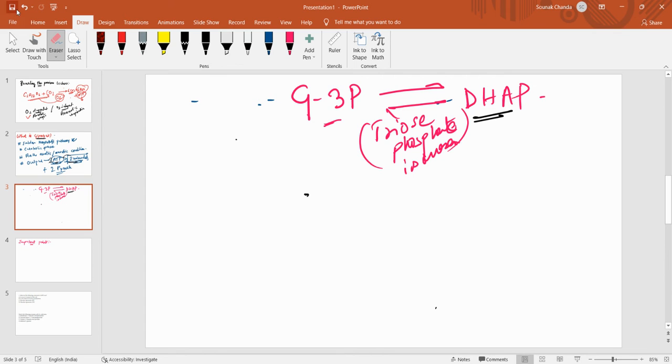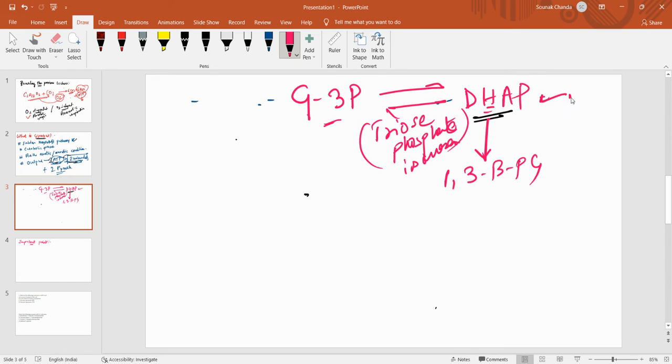So this DHAP will convert to 1,3 bisphosphoglycerate, and the enzyme will be glyceraldehyde 3 phosphate dehydrogenase, because there is a dehydrogenation of this. And who is oxidizing it before the dehydrogenation?